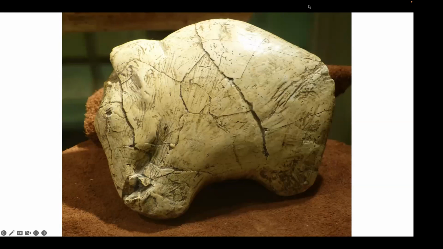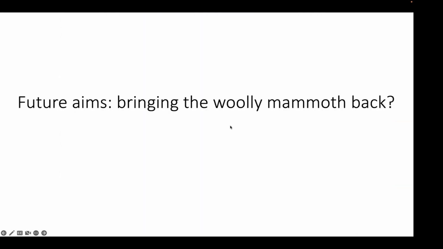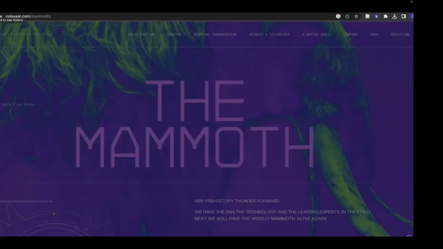Yeah. So let's talk about a very controversial topic, which is future aims, bringing the woolly mammoth back. So as you may have heard, there's a company called Colossal, which is run by George Church, who is very famous in the world of genetics, especially for working on the human genome back in the day.